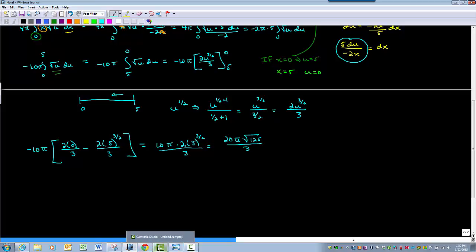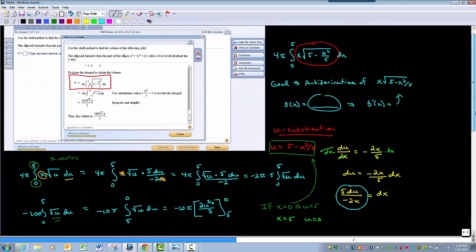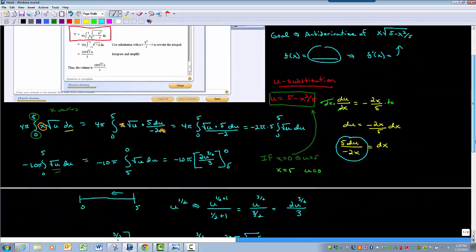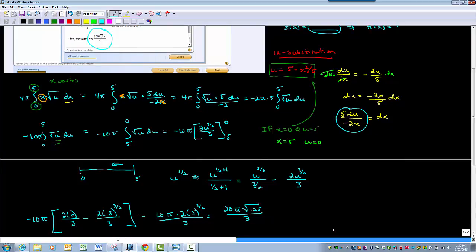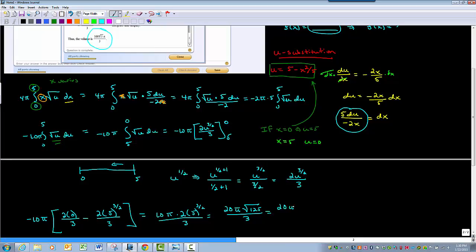And if we go back and take a look, you'll notice here what I can pull out of the 125 to make it look like this, if I want to reduce this a little bit, which if you put this answer in, it'll just tell you to reduce. This would be 20 pi.